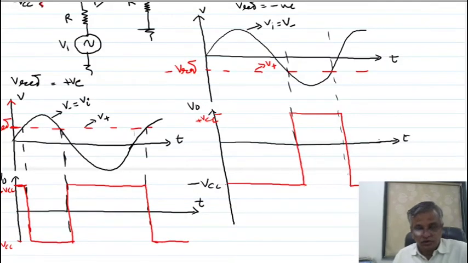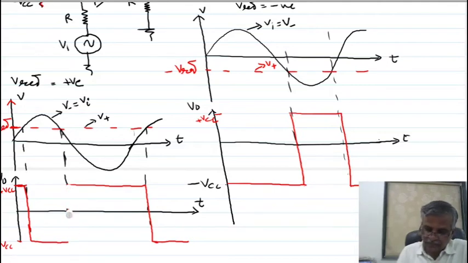In practice, you are not getting such kind of a wave. You are getting some slanted edge, like this. Slanted edge means like this. The reason is that the output takes a certain time to change state from one state, minus VCC, to plus VCC.